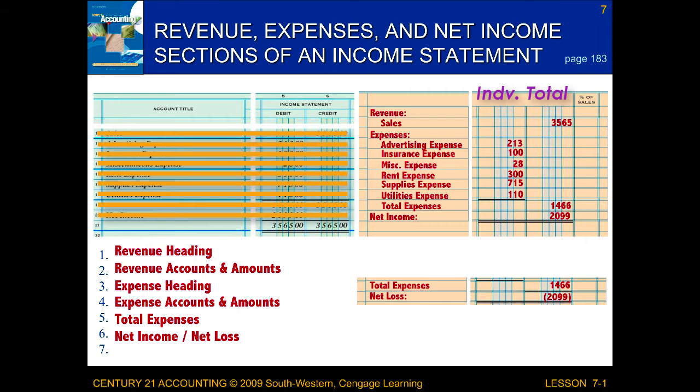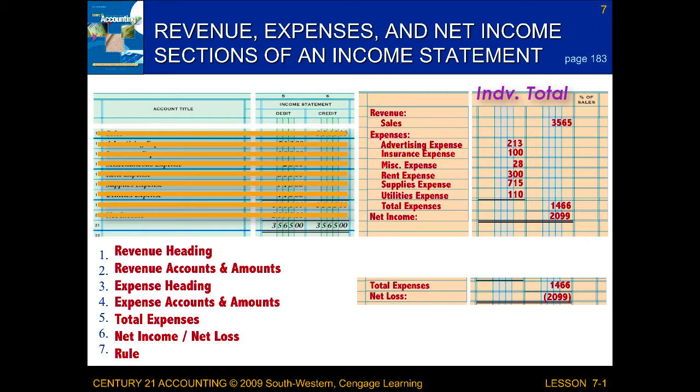If you finish listing out the revenue heading, the types of revenue, the expense heading, the types of expense accounts, all the amounts, and then if you have multiple expense accounts, you have to do that total expenses, and then you have your net income or net loss. If you've done all of that, the last thing you just have to do is make sure you've ruled.